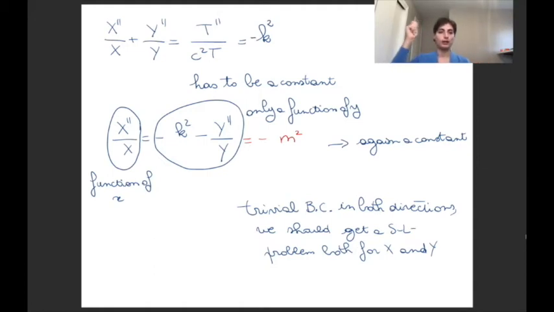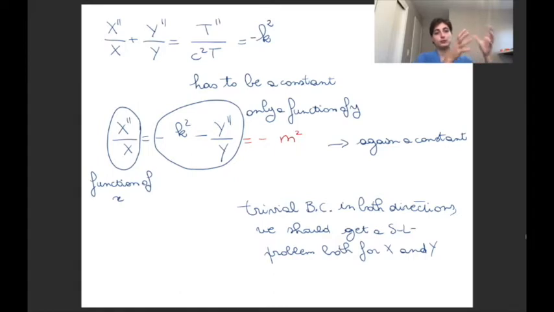Remember that the primes are derivatives with respect to different variables. So in this situation, the first block depends on x and y, and the second block depends only on time. Since they depend on different variables, they have to be constant. So we set this equal to minus k squared.